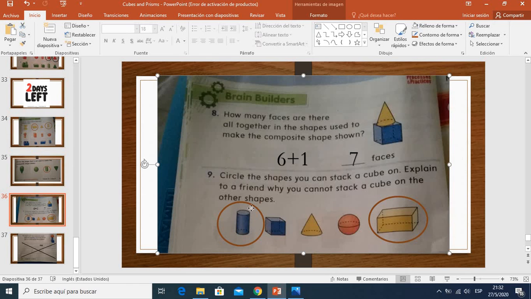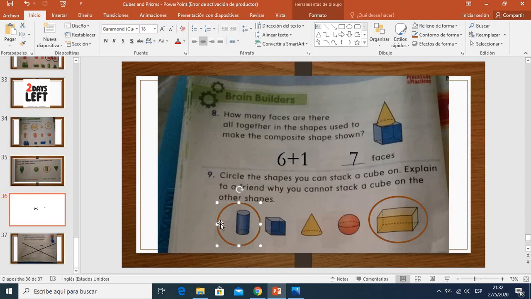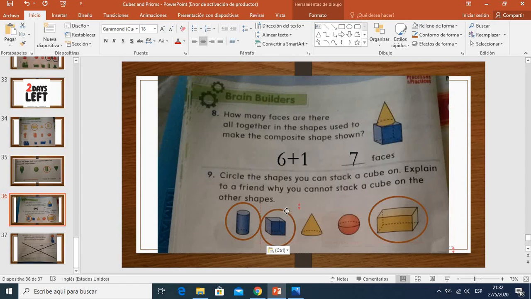Now, can I stack one cube over another cube? Yes or no? What do you think? Can I stack one cube, another cube, another cube? Yes, to make a tower, right? So I can stack a cube over a cylinder, on a cube, and on a rectangular prism.